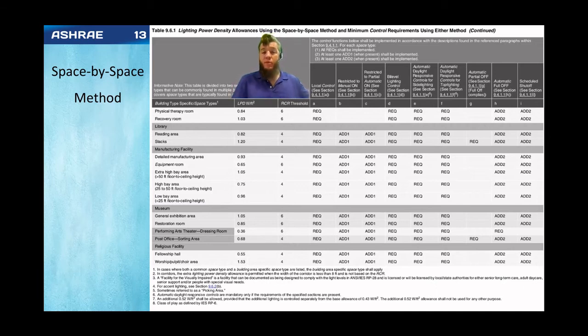Now, oftentimes we can satisfy this whole set of requirements with one or two controls that take care of the whole set. This is specifying control outcomes, not control devices. And so that's up to us as lighting designers to figure out the most effective way to meet these requirements while still meeting the needs of the occupants in our space.